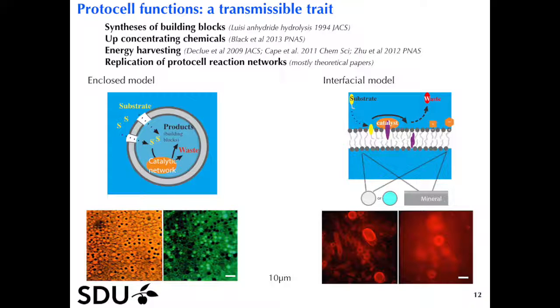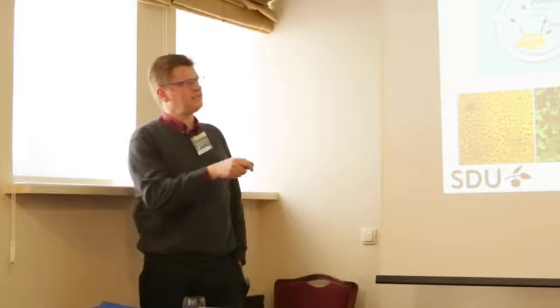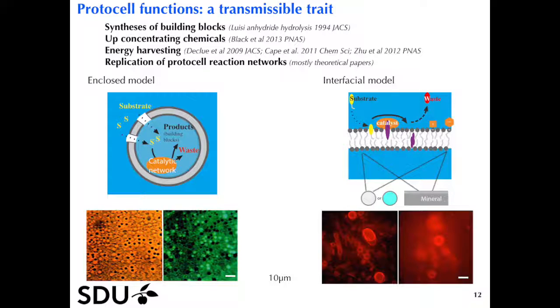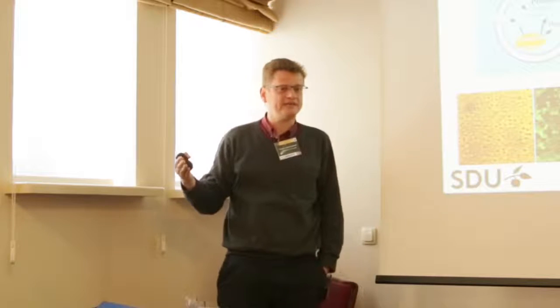The reason is that it's very difficult to encapsulate material in a vesicle that looks like a cell. It's much easier to get material to interact with a membrane given the right properties. So now the question is, can we find or design systems that are functional and pass their function to the next generation? Because that would be a way to establish a form of inheritance.